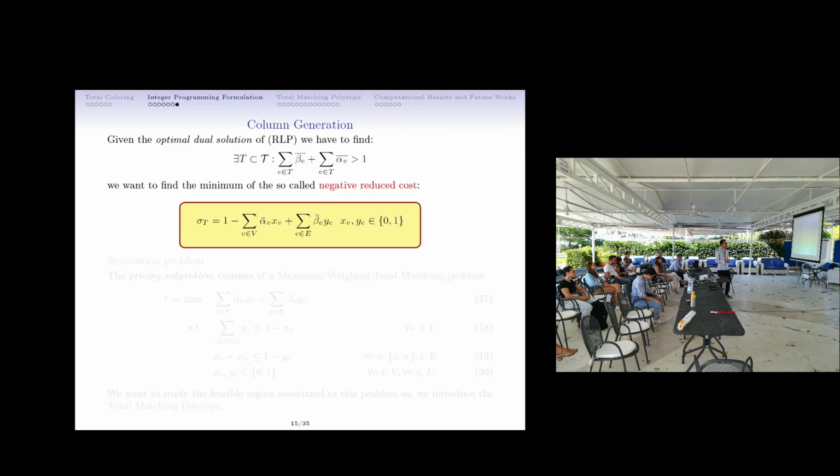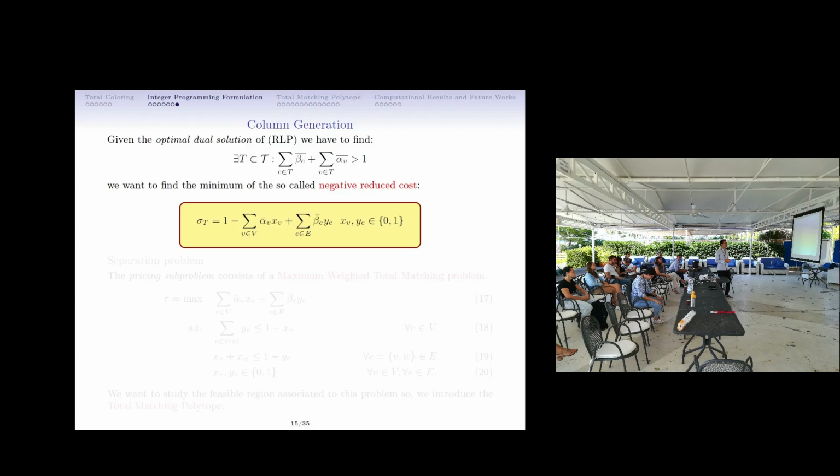So, given an optimal dual solution of the restricted LP problem, we have to find whether there exists a maximal total matching T such that we have a violated dual constraint in that model.